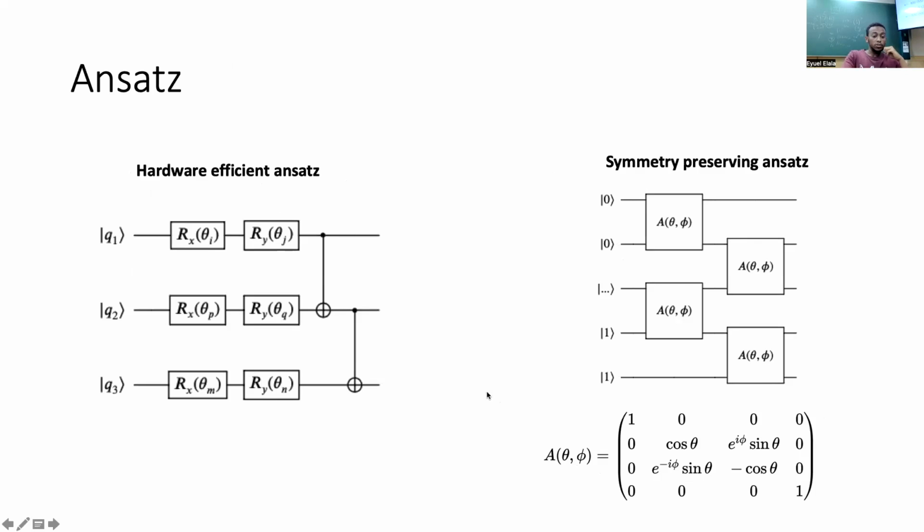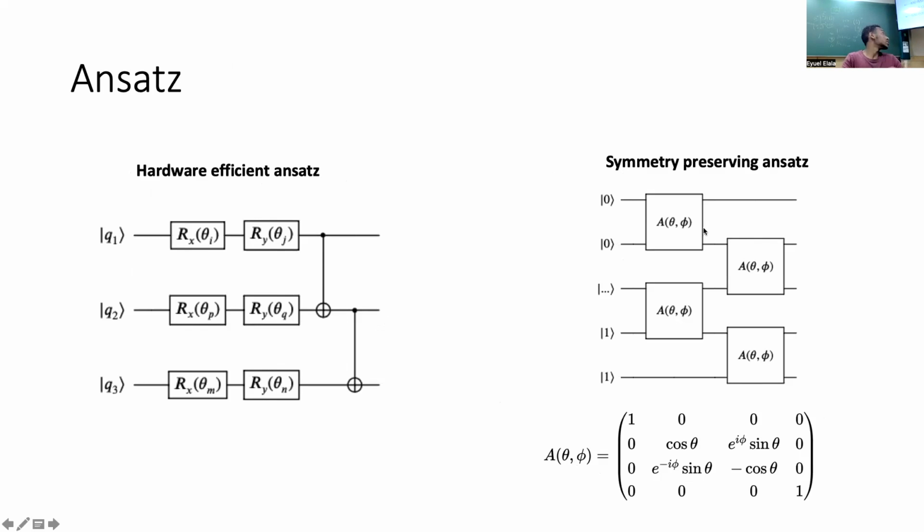And the hardware efficient ansatz could be implemented on the hardware efficiently. So when we're dealing with noise, we might need to use this kind of ansatz, but it has its own disadvantage. And there's something called a symmetry preserving ansatz.